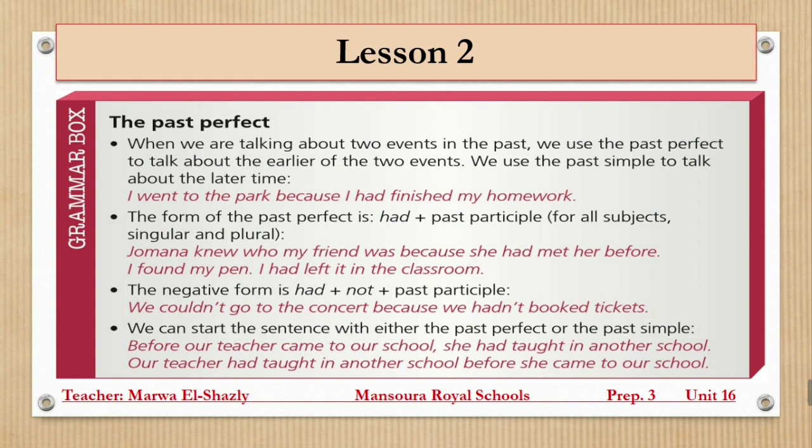Before our teacher came to our school, she had taught, this is the first action, had taught in another school. Our teacher had taught in another school before she came to our school. Notice here, before is always followed by the second action, the past simple.